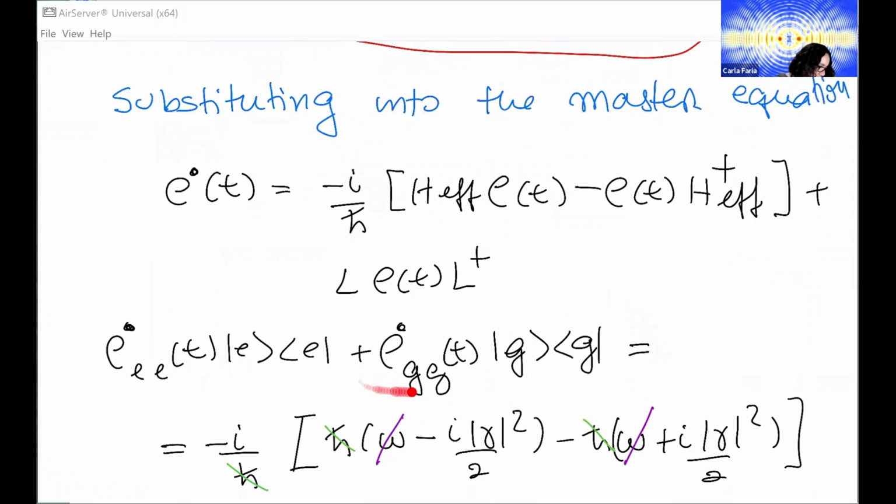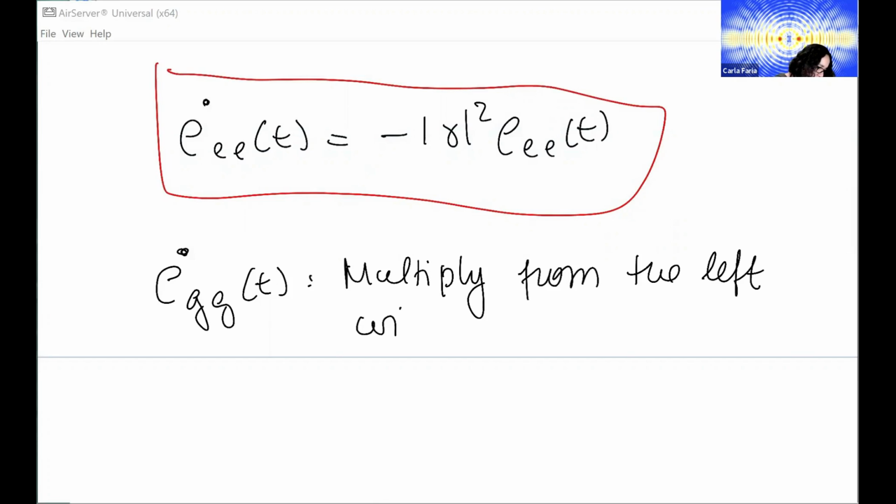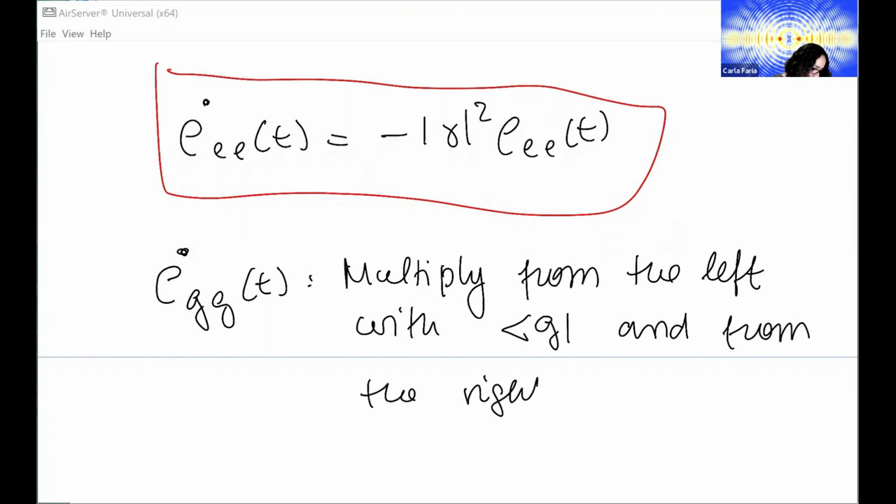So if you want to get this guy, you have to multiply from the left with this bra G, and from the right with this ket G. Okay, so let's do that.